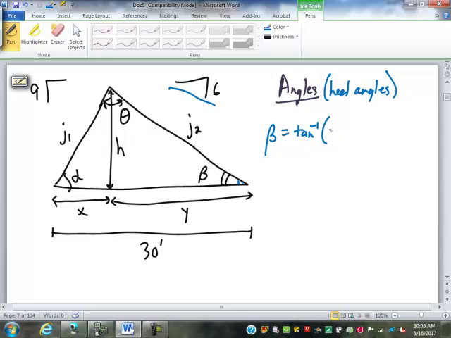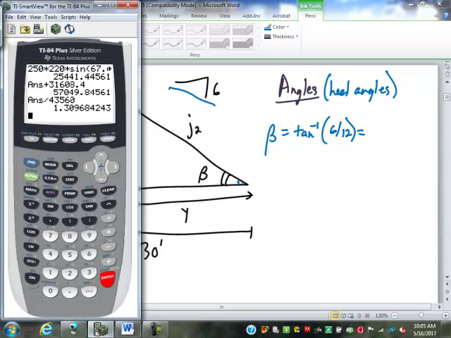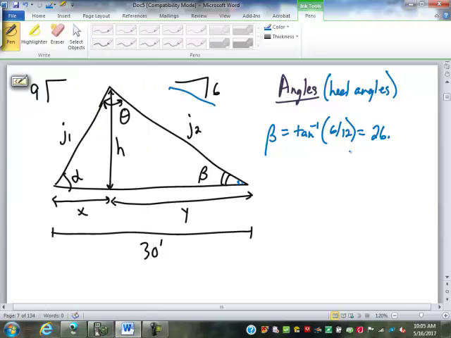What slope is it on? The 6/12 slope. The inverse tangent of 6/12 should be 26.56 degrees. 57, actually, I should say. 26.57 degrees. That's beta.